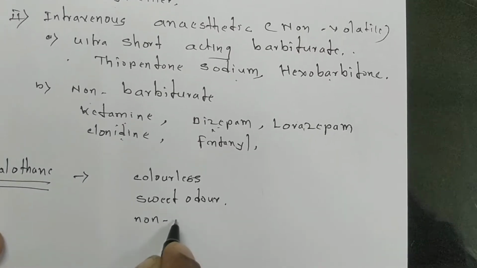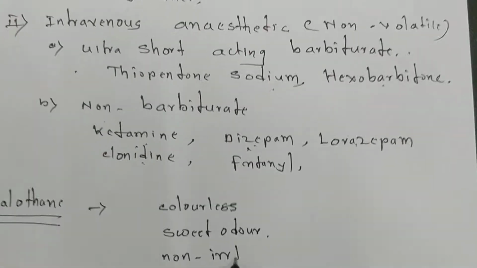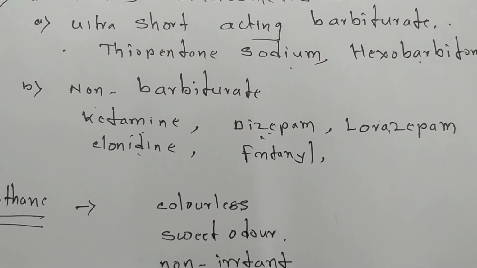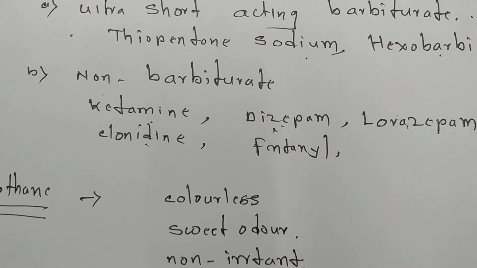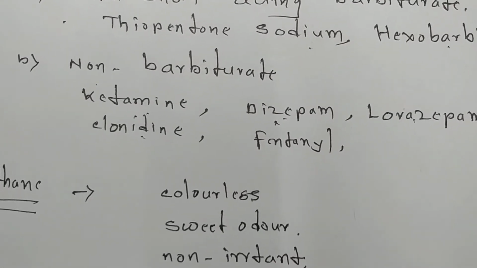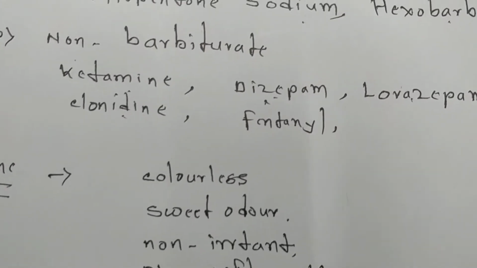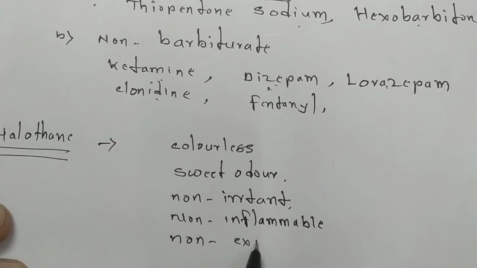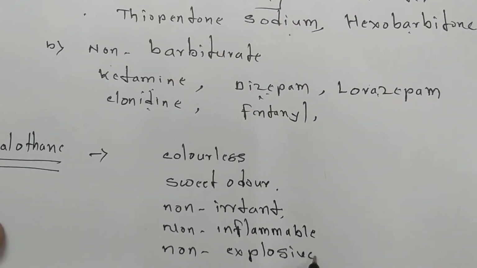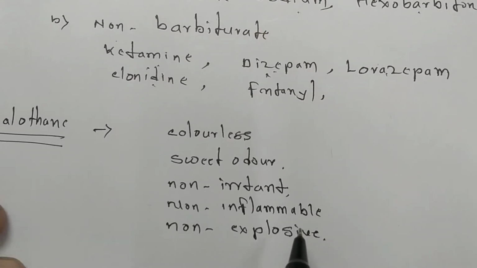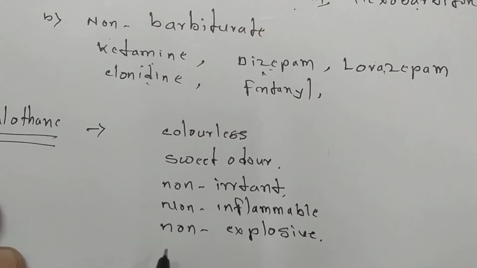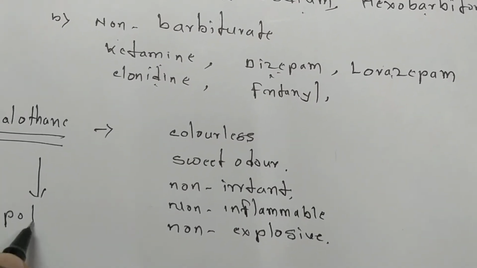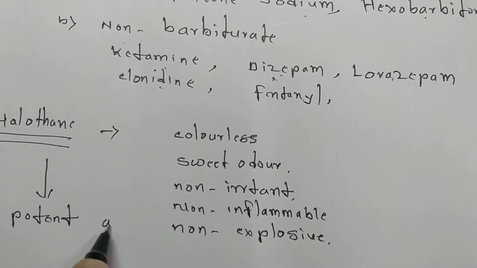An ideal anesthetic has these properties: non-irritant, non-inflammable, non-explosive. Halothane is a very potent anesthetic.